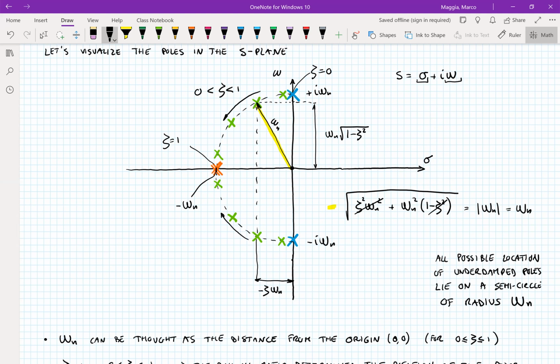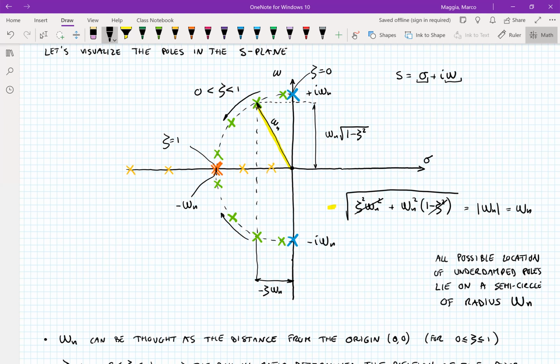Now, if we increase even further the damping ratio, what's going to happen is that the poles have to diverge. And if you remember, in the fourth case, that is the overdamped case, the two poles were both real and negative. So what happens is that we're going to have, for instance, a pole here and a pole over here, or maybe a pole here and a pole over here.